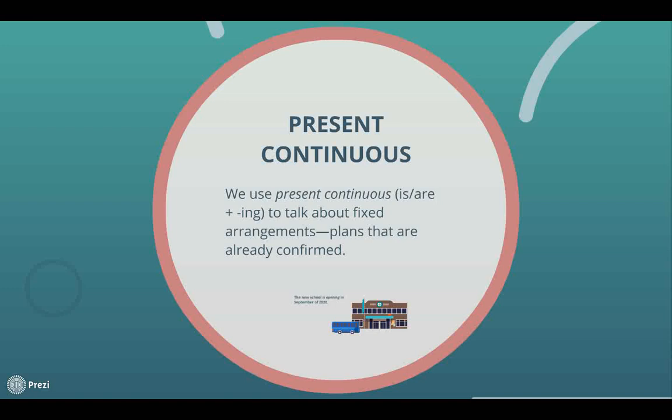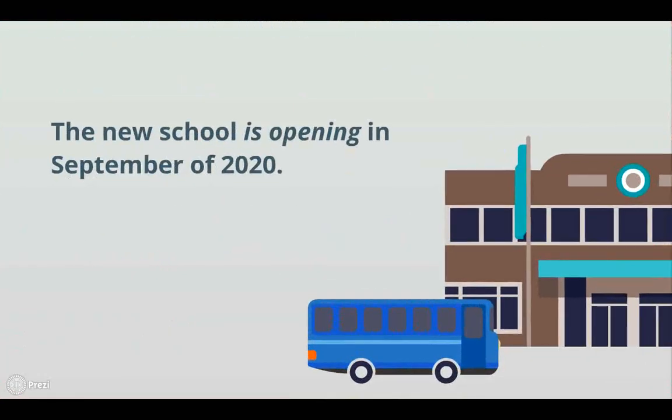So that's exactly what I would say. Tomorrow we are going to a movie. Tomorrow we are seeing a movie. Or the example I have here, maybe there's a new school being built and they know and everyone has decided that the new school is opening in September of 2020.